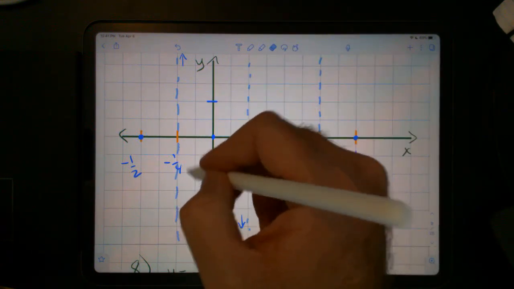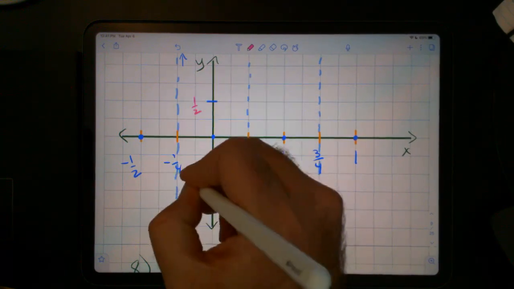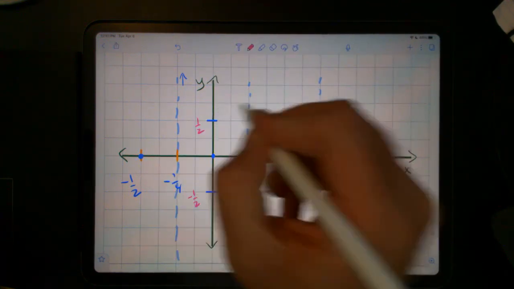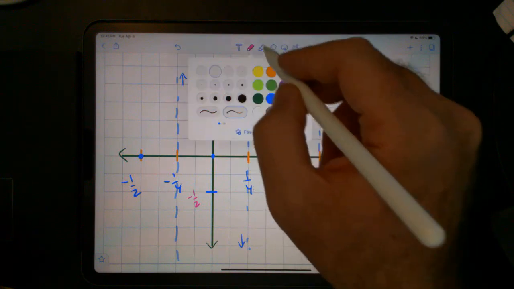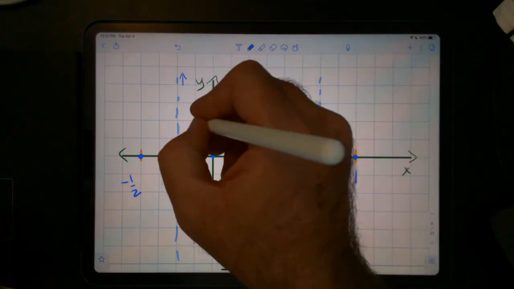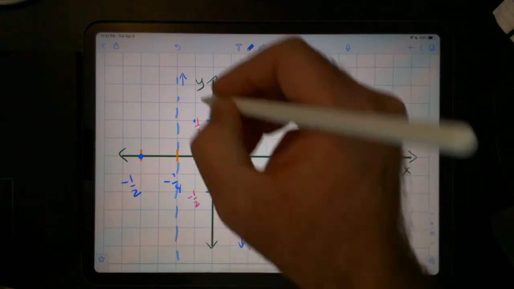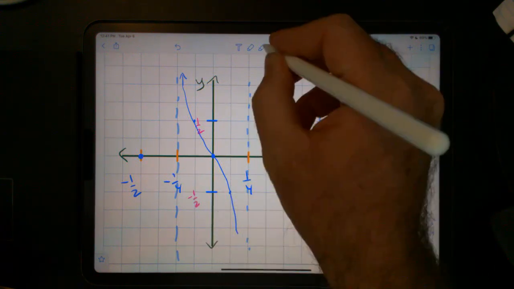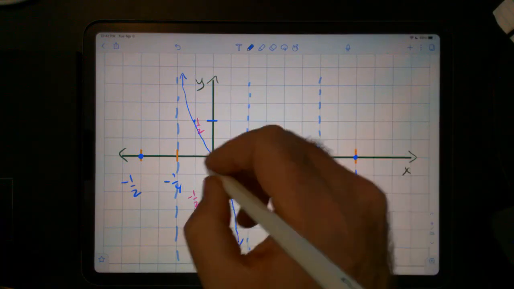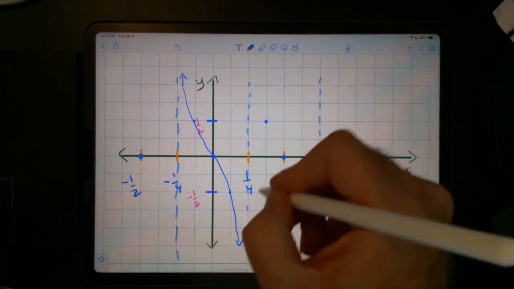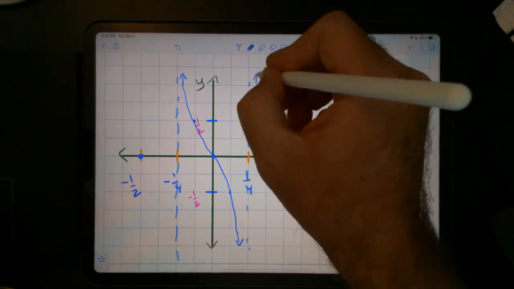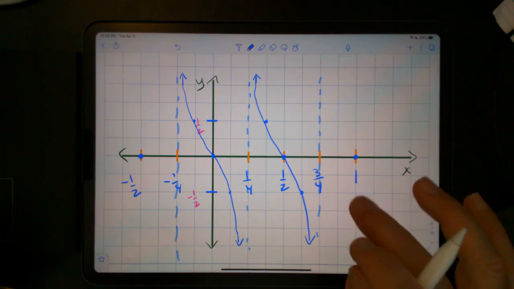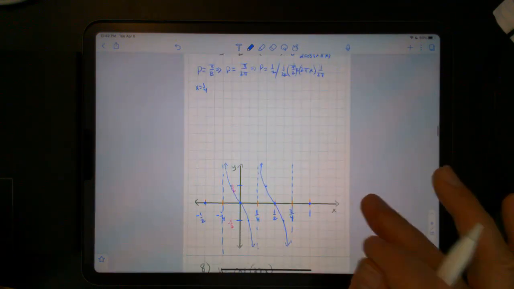Let me do different colors for the contrast. That should be enough.